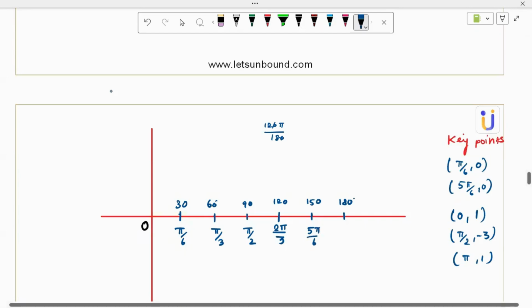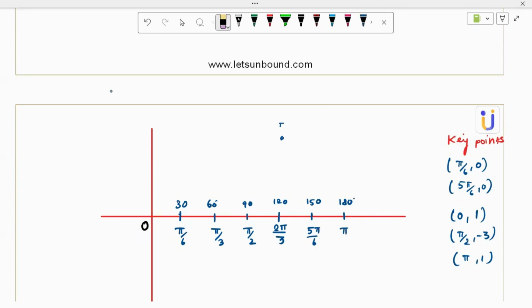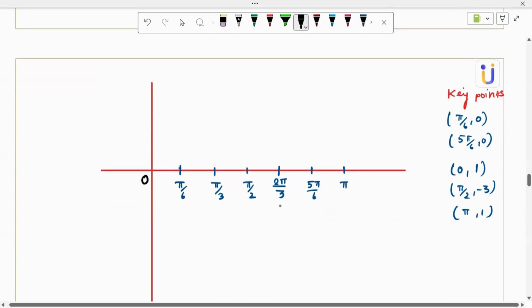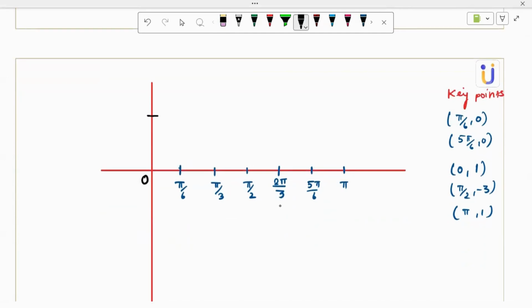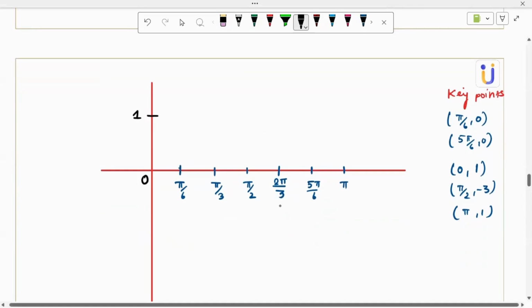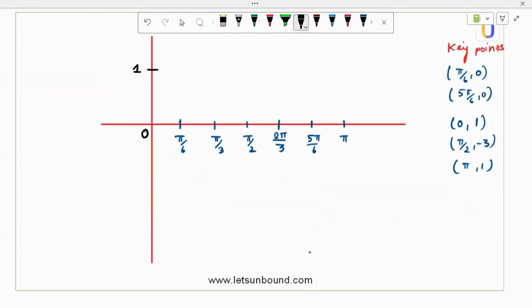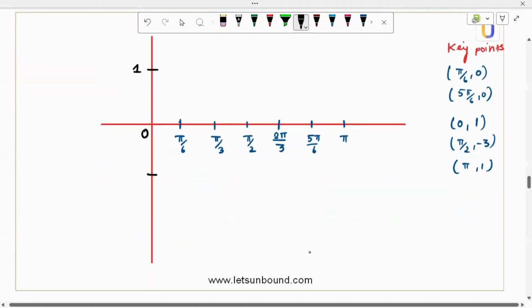Then 5 pi by 6 plus pi by 6 if you do, it's just pi. So it should be in radian, then only we'll get the full mark, as a score. Right, and y coordinate is still 1. Maximum we need 1. So let's stop there. And minimum we need till minus 3. So this is minus 1, minus 2. Let this be minus 3. To the edge I have taken anyways.